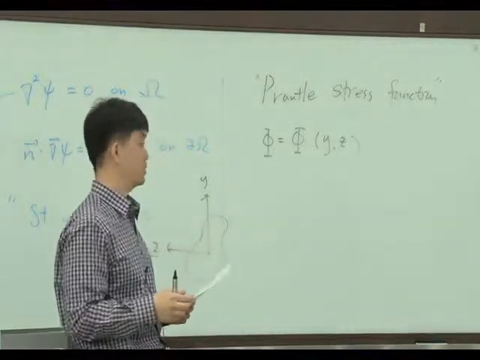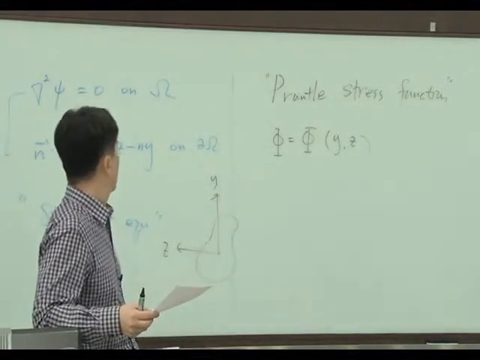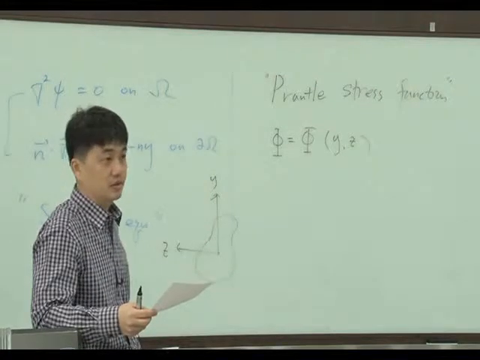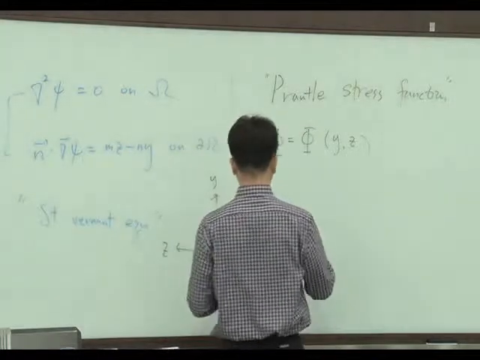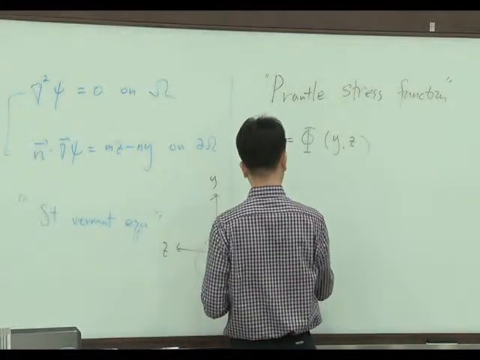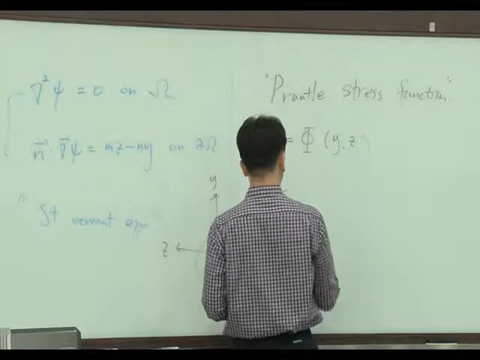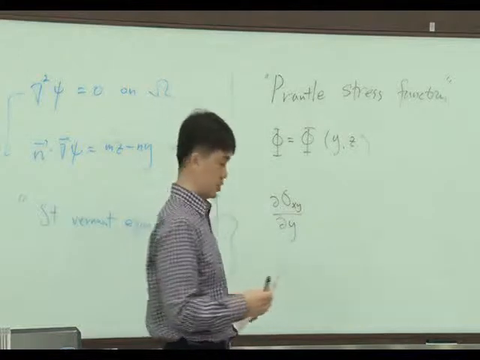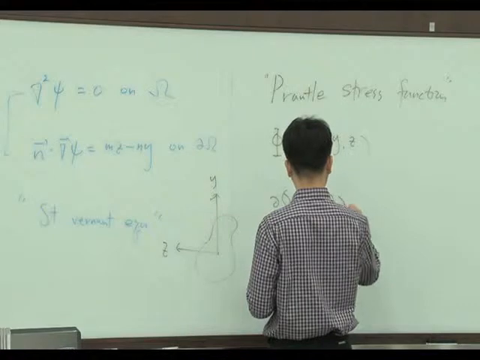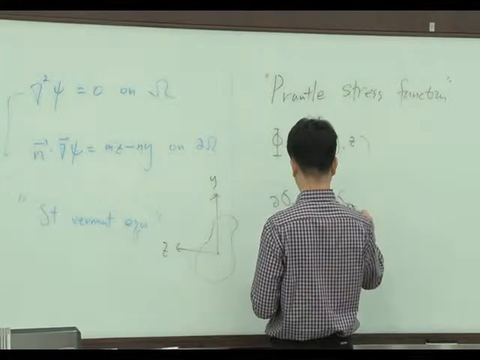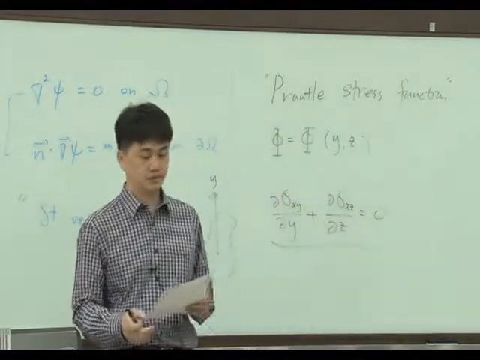So Prandtl stress function defined by like a warping function. It's a function of cross section. And you remember the equilibrium equation for twisting problem and torsion problem is this: xg. This is a equilibrium equation.